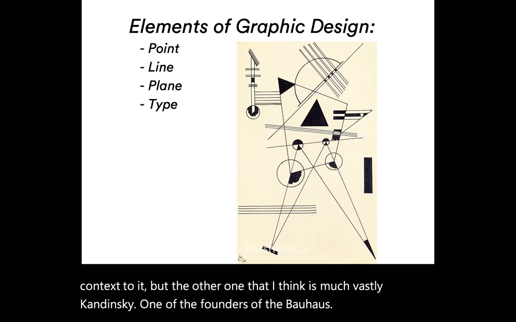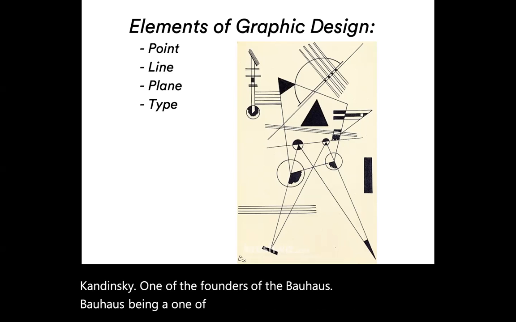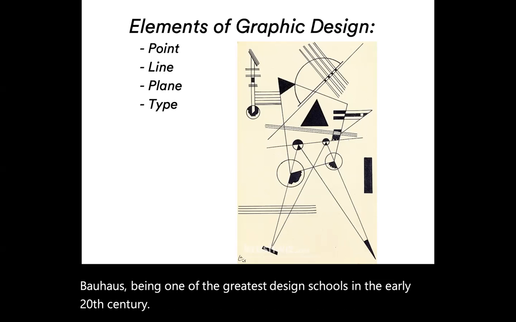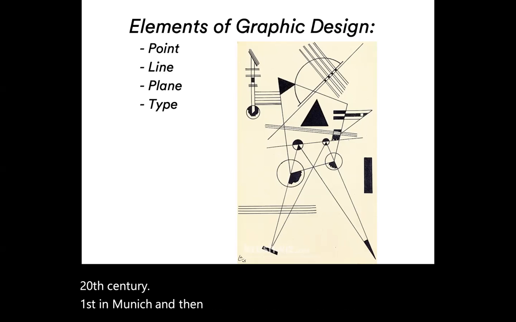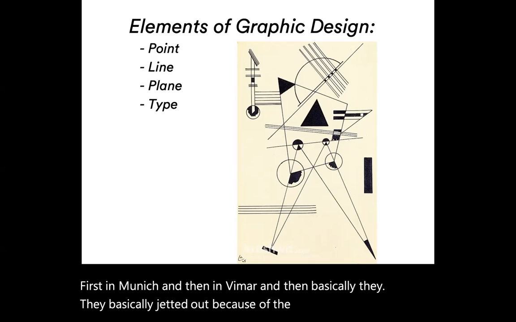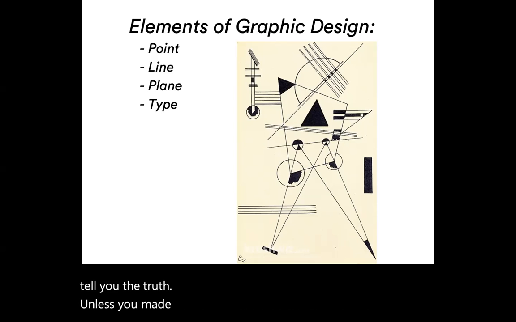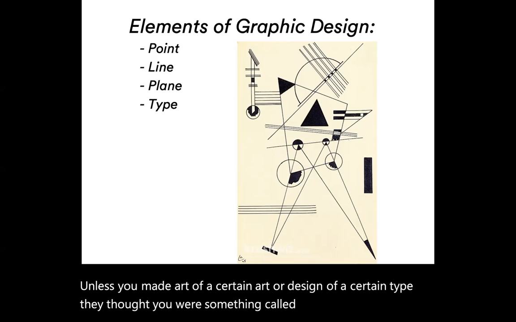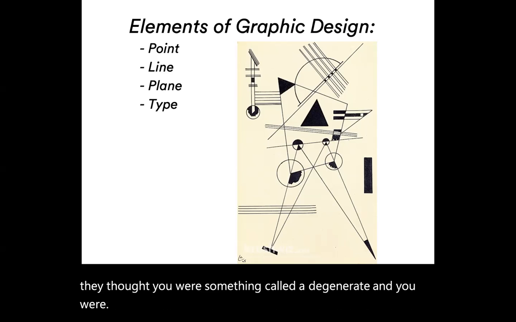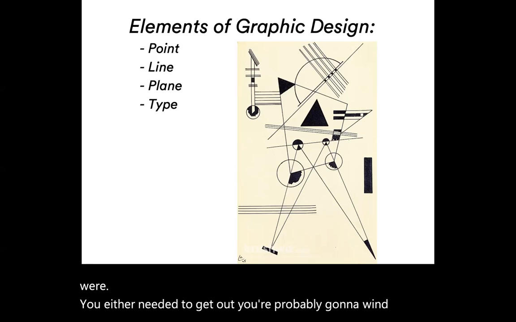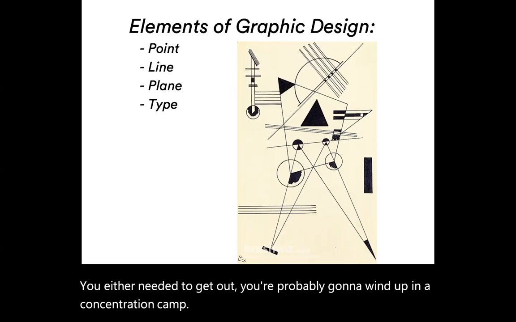The Bauhaus was one of the greatest design schools in the early 20th century, first in Munich and then in Weimar, and then they basically jetted out because of the Nazis. To tell you the truth, unless you made art or design of a certain type, they thought you were something called a degenerate, and you either needed to get out or you were probably going to wind up in a concentration camp. Not good.